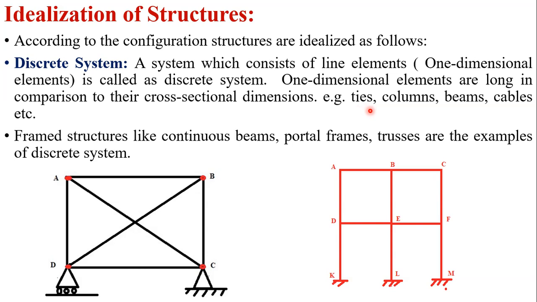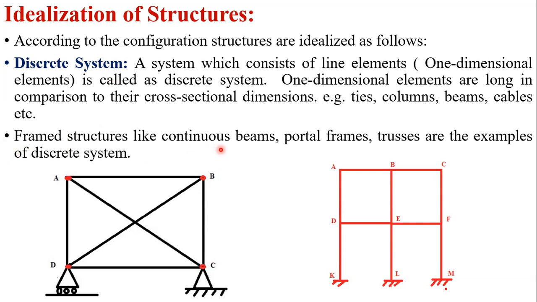A tie is a tension member which is normally used in trusses, columns, beams, cables, etc. These are one-dimensional elements. Because if you consider a beam, it is long enough if we compare its length with its cross-sectional dimensions, and hence a beam can be called a one-dimensional element. So a system which consists of one-dimensional elements or line elements is called a discrete system.